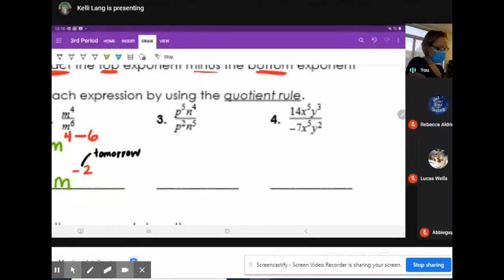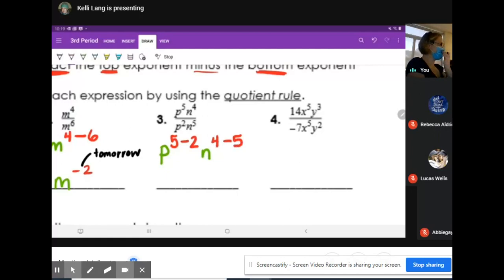So let's start with the p's, since they come first in the fraction. We have to take our base to our top exponent minus bottom exponent. And then we'll have an n to the top exponent minus bottom exponent.